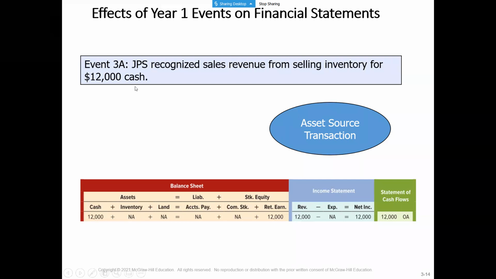So you have to look at the wording in the problem in order to determine which account the flip side of the revenue transaction is. Regardless of sales for cash or sales on account, you will have an increase to your sales revenue account, which again is an income statement account.